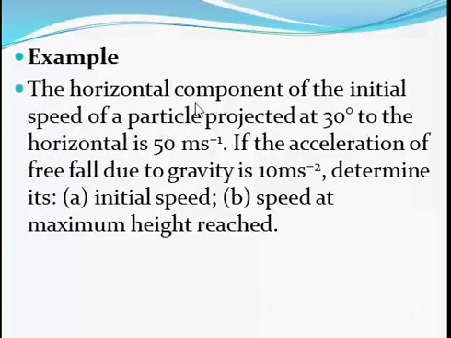This one goes like this. The horizontal component of the initial speed of a particle projected at 30 degrees to the horizontal is 50 meters per second. If the acceleration of free fall due to gravity is 10 meters per second square, determine its initial speed. We are given the horizontal component, and you already know very well that the horizontal component of a projectile is given as u cos theta.